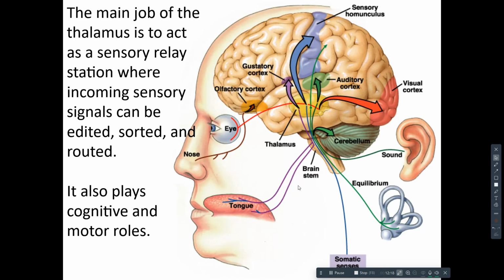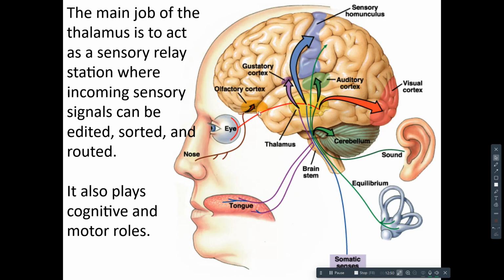Now, the main job of my thalamus is to be a sensory relay station. It is going to edit, sort, and route incoming sensory information. In fact, all of my senses except for one go to the thalamus before they go to their appropriate cortices. The only one that doesn't go to the thalamus is my olfactory sense. It goes right to the olfactory cortex.